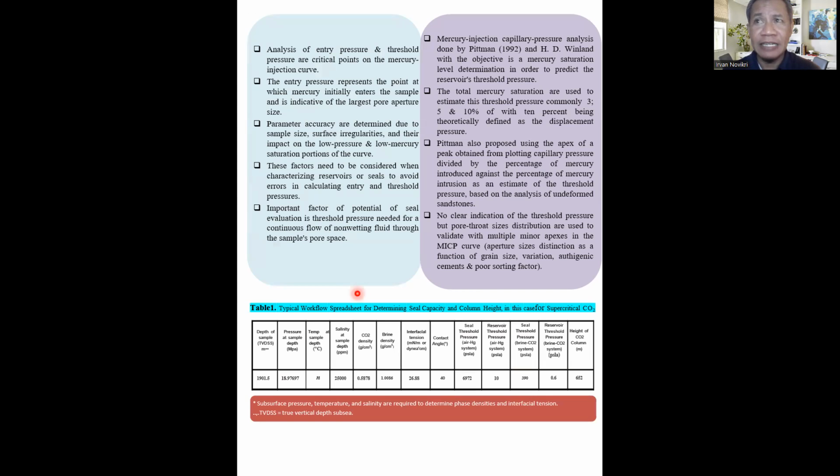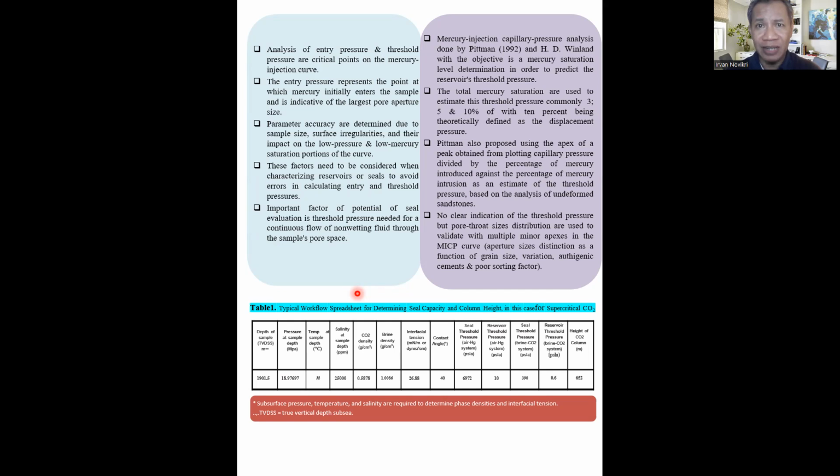The entry pressure represents the pressure at which mercury starts to penetrate the rock, while the threshold pressure is the pressure at which the mercury forms a continuous filament through the rock. And this parameter is crucial for characterization and can help identify and predict the permeability and threshold behavior of the rock.